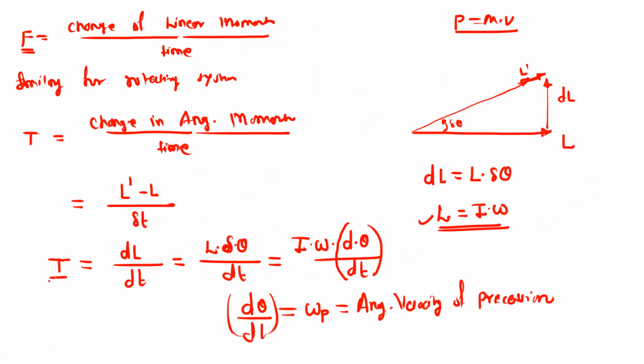And therefore this torque, we can write T is equal to, replace this d theta upon dt as omega p. So it is I omega into omega p. Okay, so this torque is nothing but the gyroscopic couple.